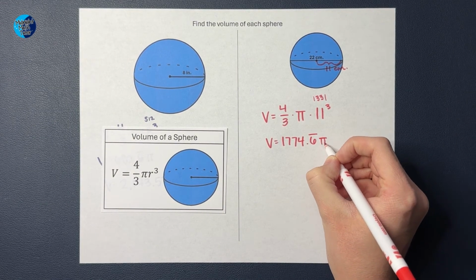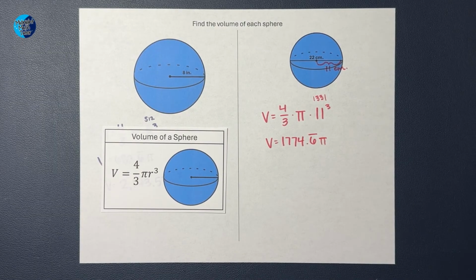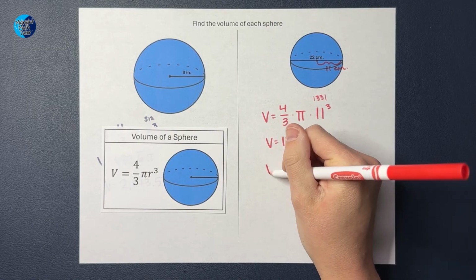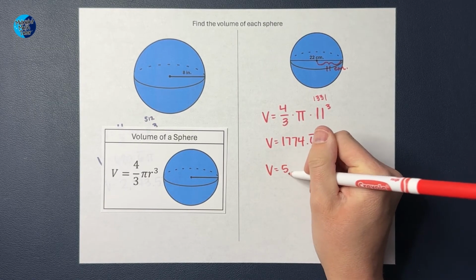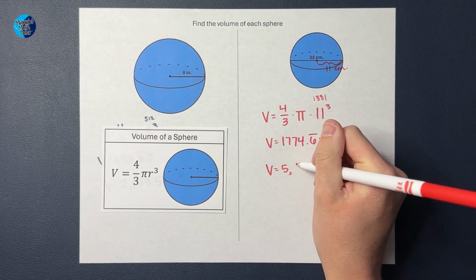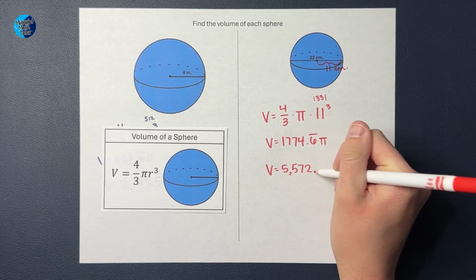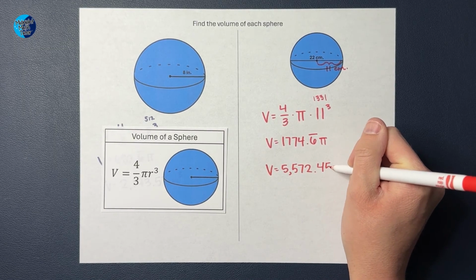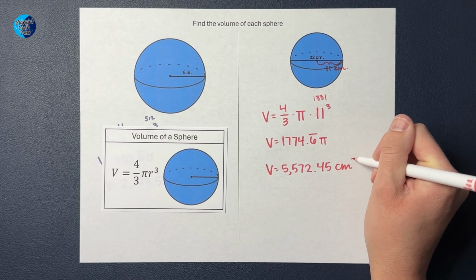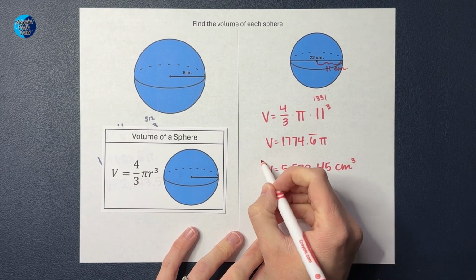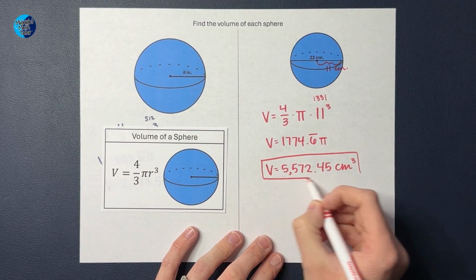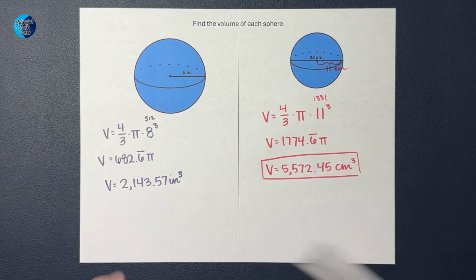Times pi. Now, when I multiply that, again, I'm going to use 3.14 for pi. I end up with a rounded answer of 5,572.45 centimeters cubed. All right, there are my 2 spheres and 2 volumes.